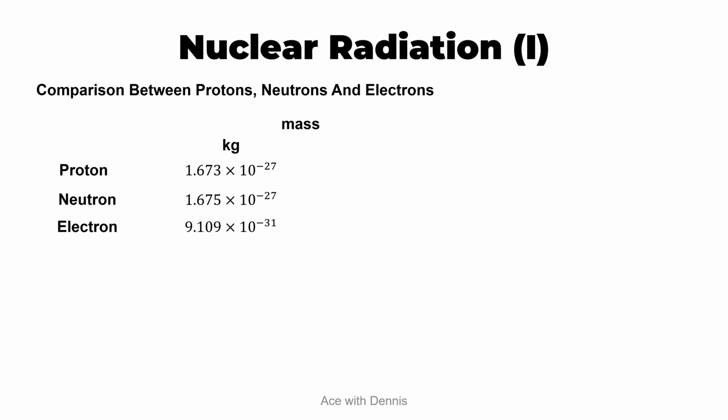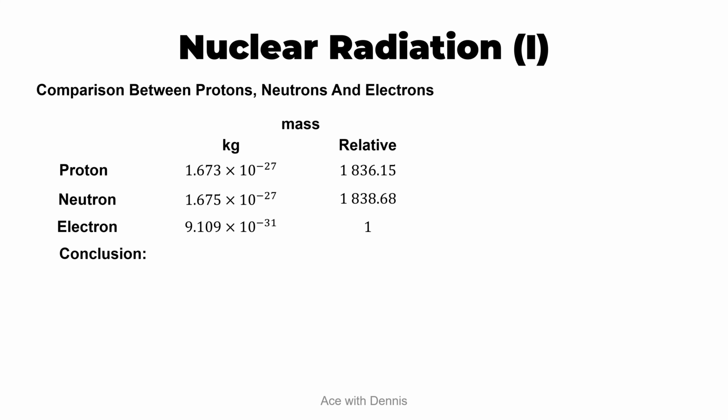Let us assign the mass of an electron as 1 unit. If we compare the mass of electron and neutron, we will find that the relative mass for neutron is 1838.68. If we compare proton to electron, then the relative mass for proton will be 1836.15.